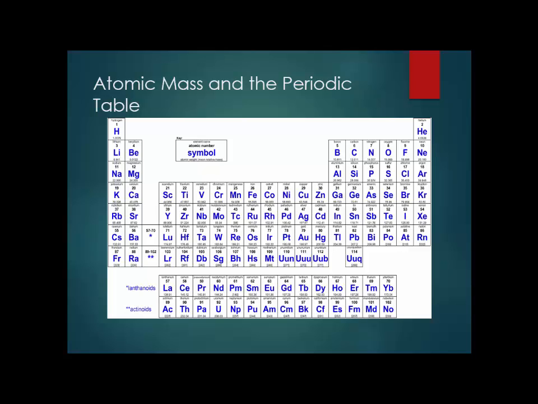Here is a periodic table, and you'll notice the mass numbers are located below each symbol. And those mass numbers are in atomic mass units, which relate back to the mass of carbon. They give the isotope carbon 12 a mass of 12, and then they figure out the masses of everything based off of that.